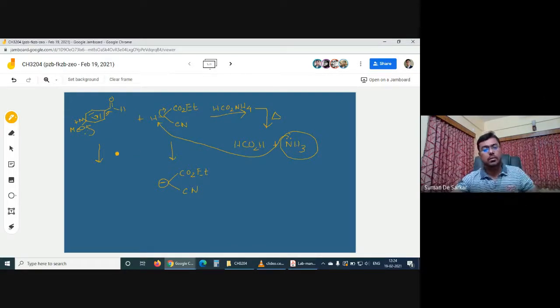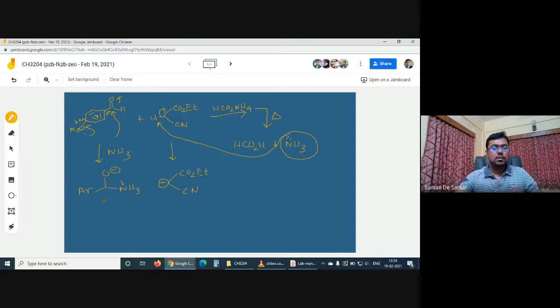So what will happen to that ammonia? It will just add here. I'm just showing Ar for the whole group, as that would be easier and faster. NH3 plus, and this is minus.